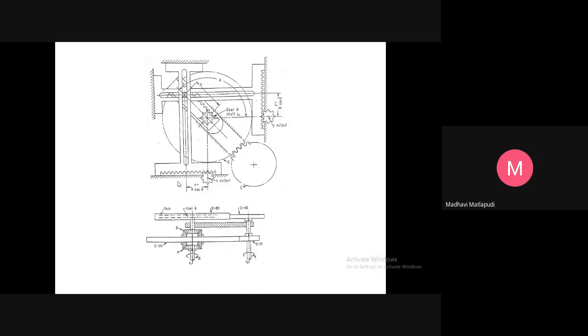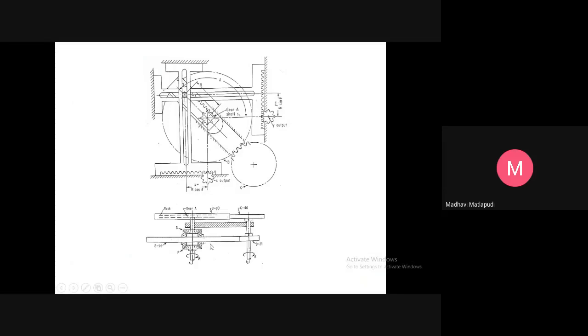Now, for this R to remain constant, it is essential that the gear A turn the table or gear B to prevent the rack from rolling on gear A and changing the value of R. That means to maintain R constant, it is important that the gear A turns the gear B and prevents the rack from rolling on gear A. For this to happen, this particular mechanism can be accomplished by using a differential gear, the bevel gear.